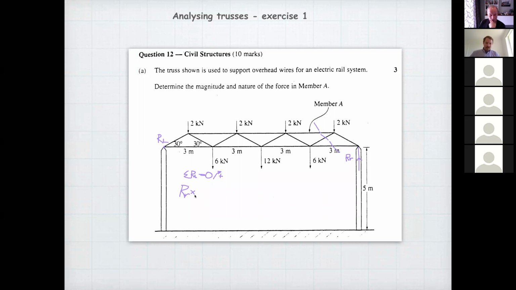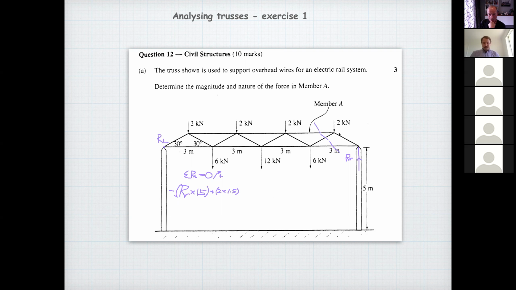So you've got RL times 3, 6, 9, 12, 15. And that's going anti-clockwise. Then you've got 2 times 1.5. And you can see what's going to happen. That's positive. Then you've got this one, that one, that one, that one, that one.